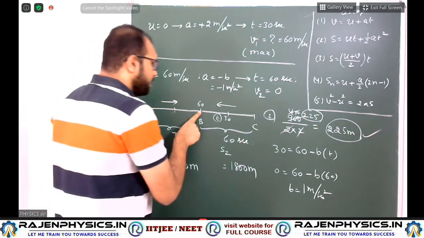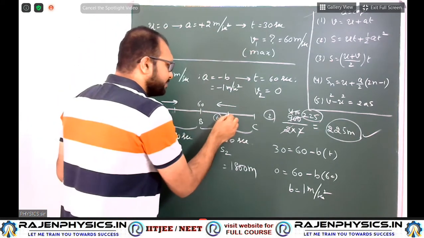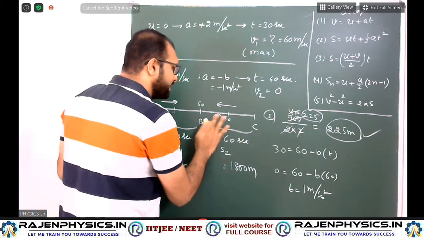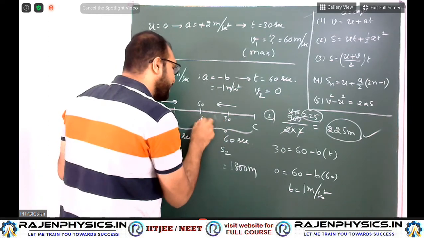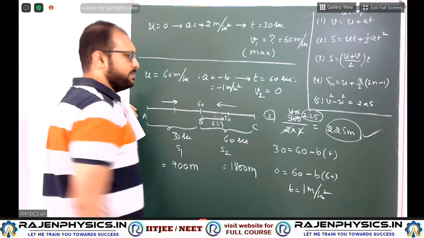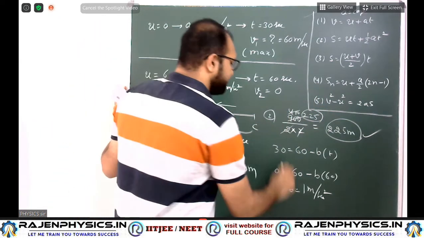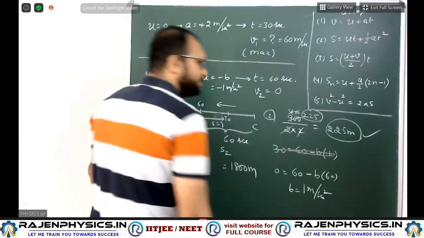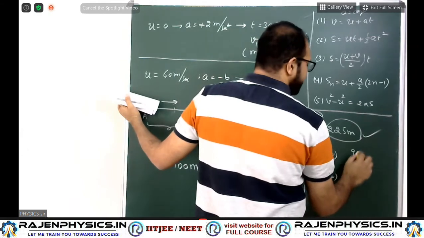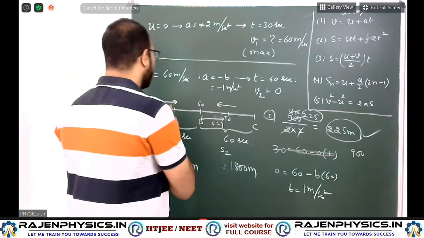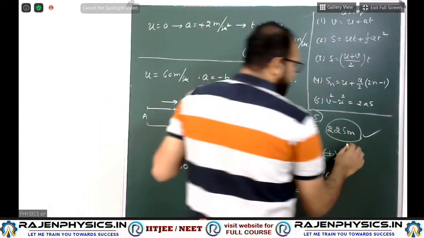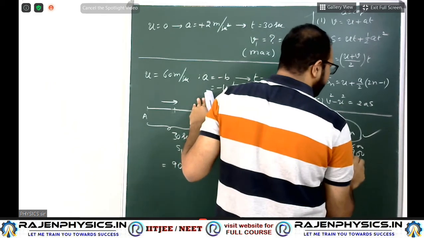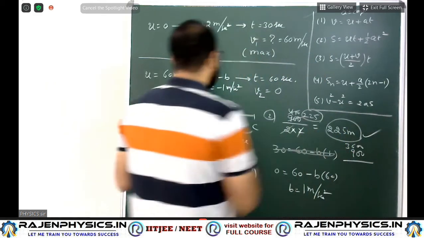Now 60, 30. Time is now not required, because we can calculate the distance directly. Here to here, assume some s equal to question mark. Now equation 5 is sufficient. v square is 30 square, which is 900, minus u square, 60 square, 3600, divided by 2a. a is just 1.